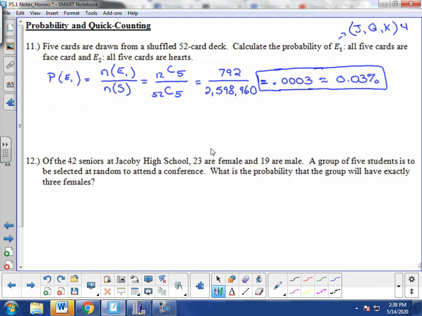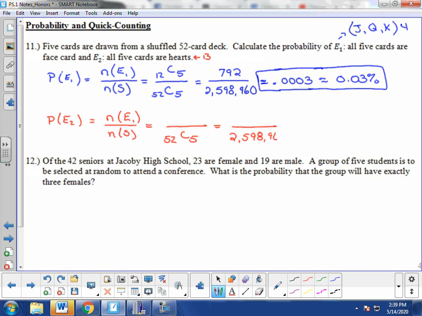In event 2, now we're looking at all 5 cards being hearts. Remember, there are 13 total hearts: ace through 10, then jack, queen, king. So the probability for event 2 is going to be similar: the number of elements in the event over the number of elements in the sample space. The sample space is not changing. We're taking the 52 cards and choosing 5 of them, so our total combinations out of the deck is still 2,598,960.